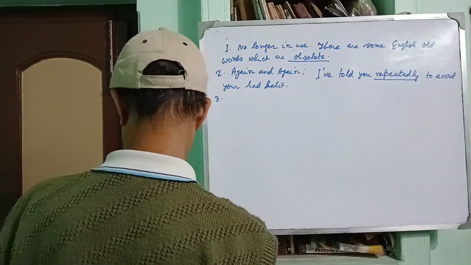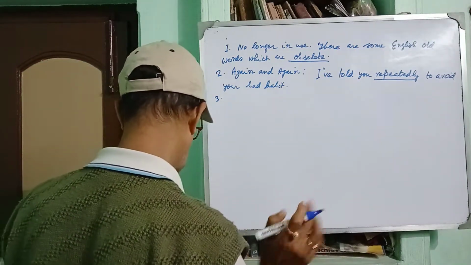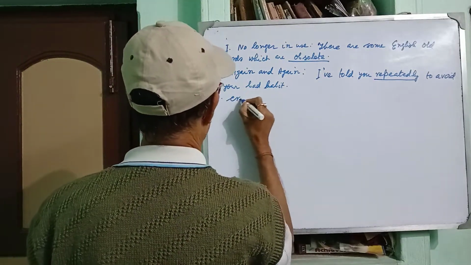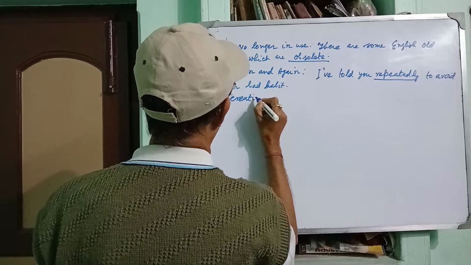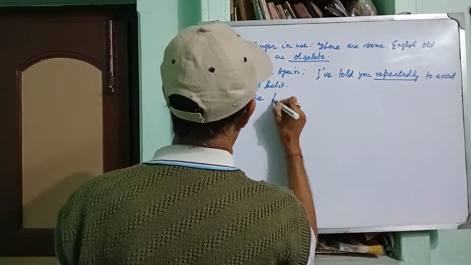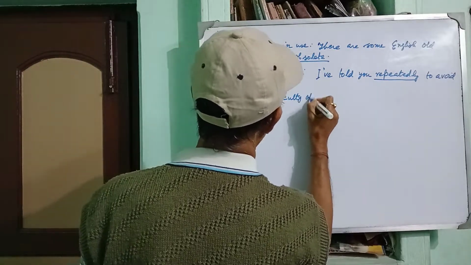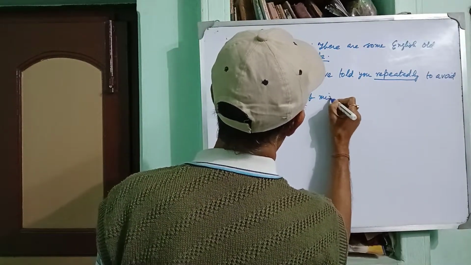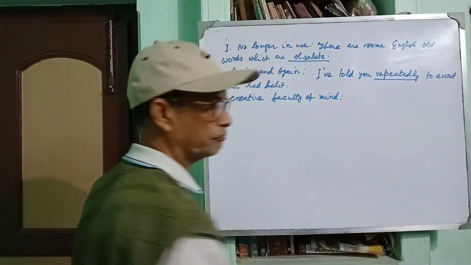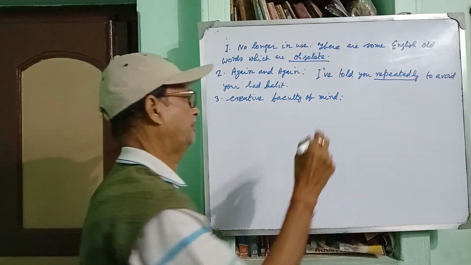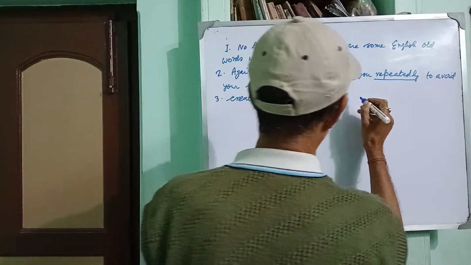Number three, for example, creative faculty of mind. You are trying to avoid creative faculty of mind.